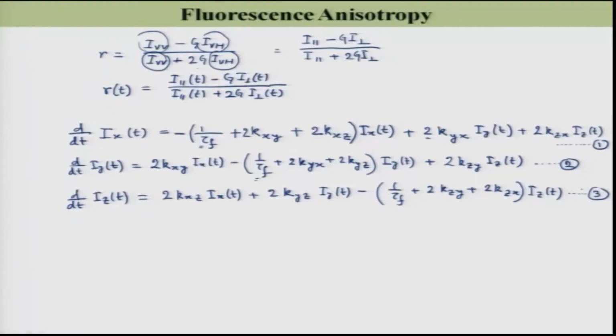So, I need to rewrite all these equations, which is difficult, but let me write it. So, d/dt of I_x(t) is equal to minus (1/τ_f + 4D) I_x(t) + 2D I_y(t) + 2D I_z(t), right.